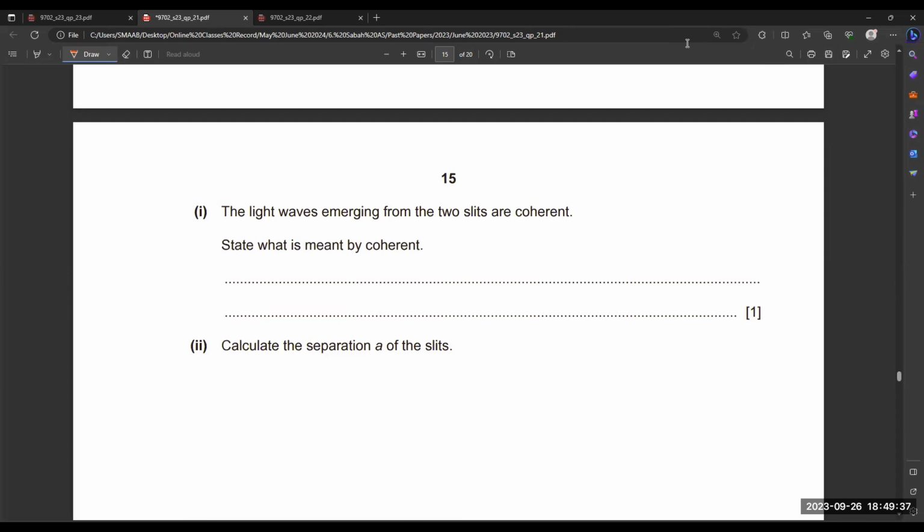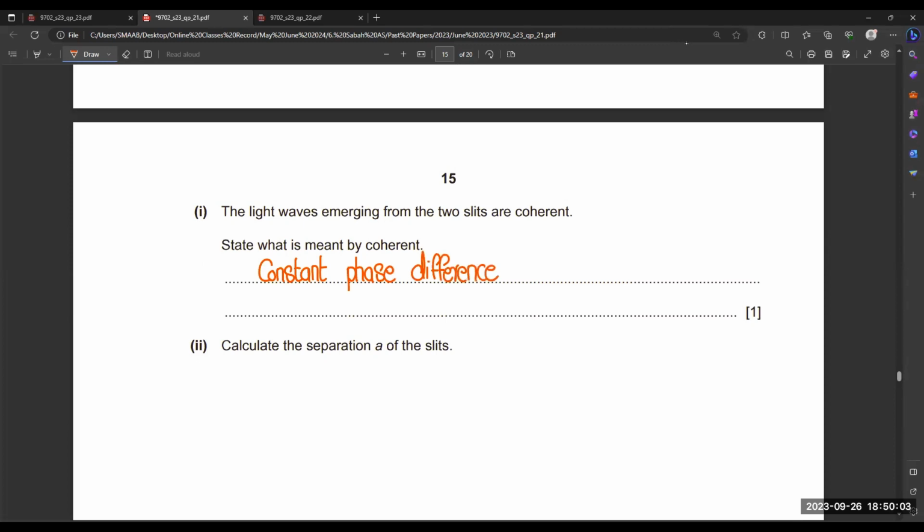So what is the meaning of coherent? Coherent means when it has the same constant phase difference. So you have to write that.